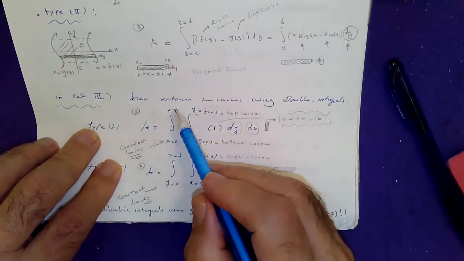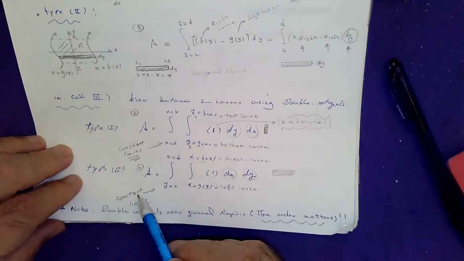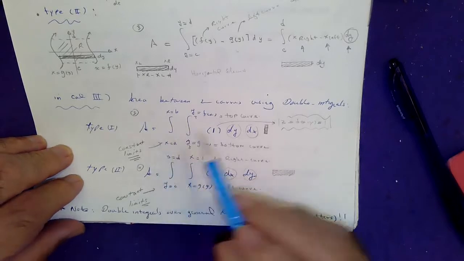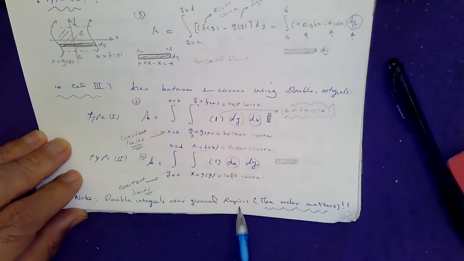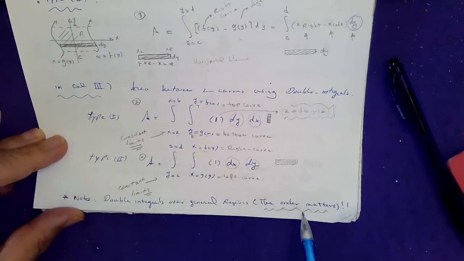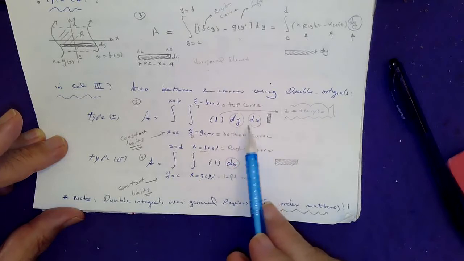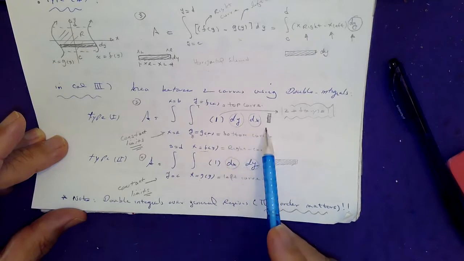Rain or shine, the outer integral will always have constant limits. You will never, ever have a variable there. So for double integrals over general regions, the order matters. It matters how you integrate. Are you integrating with respect to y, then x?